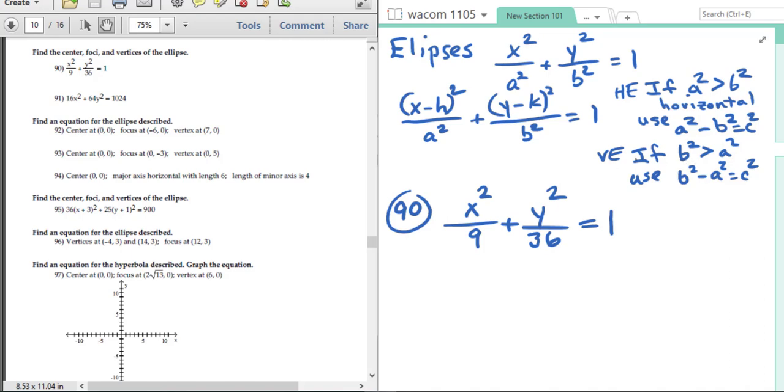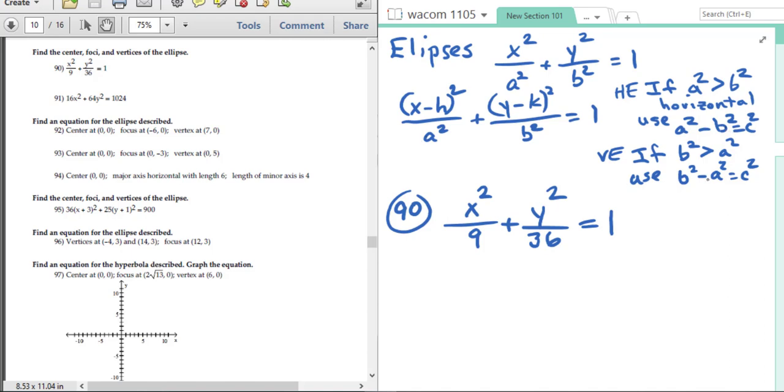If your b squared is bigger than the a squared, it will be a vertical ellipse, and you will use b squared minus a squared equals c squared. For ellipses, the a is not the distance to the focus. The a is the distance from the center to the horizontal endpoint. It might be called the vertex if it is a horizontal ellipse.